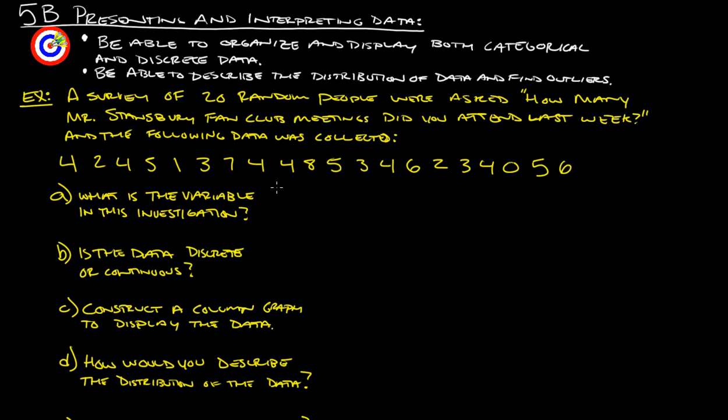Now, this is not one big huge number. These are 20 different numbers. So the first person attended 4 meetings, the second person attended 2, the third person attended 4, and so forth. First question: what is the variable in this investigation? What changes is basically what they're asking, right?